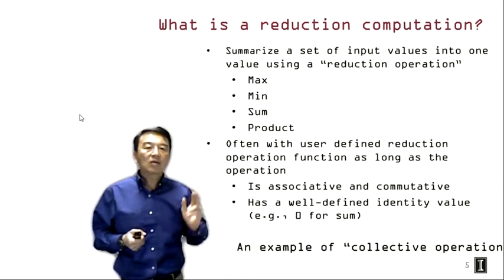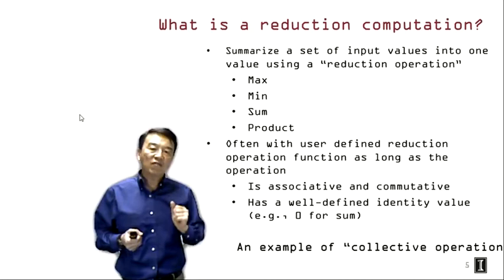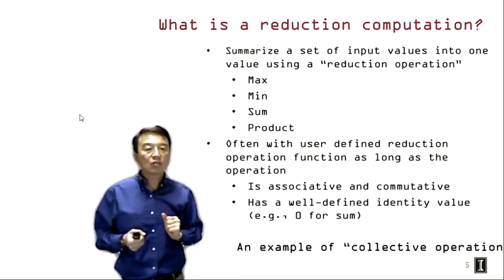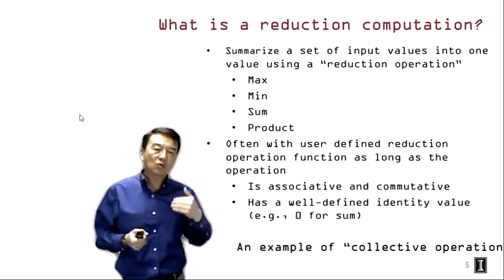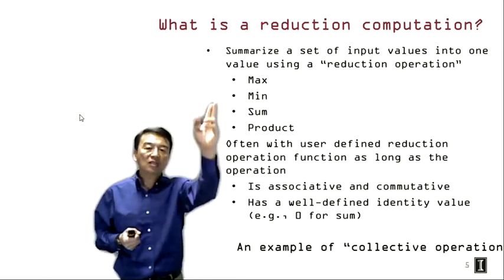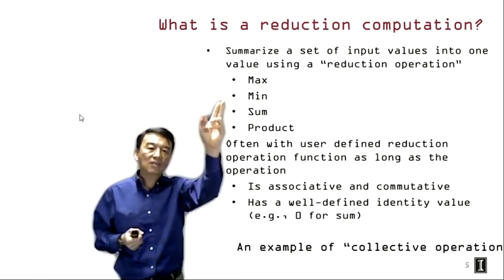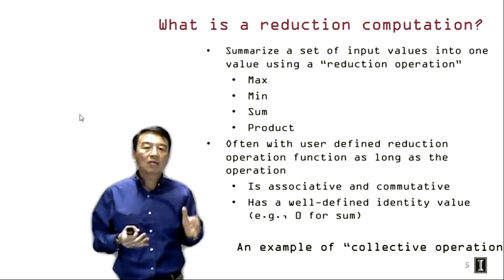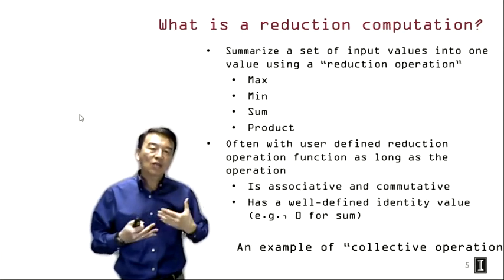And reduction is oftentimes also used with a user-defined reduction operation function. So the user often can just provide an operation that is equivalent to one of these max, min, sum, or product, but it may be just whatever the user wants to do with these data values.